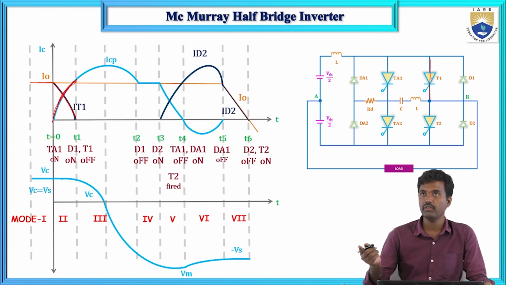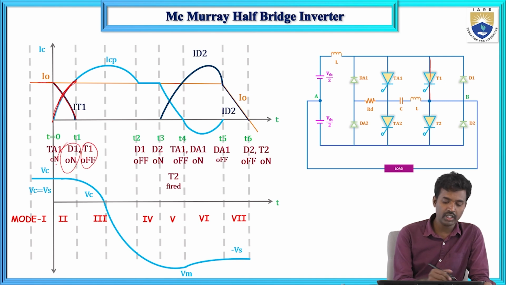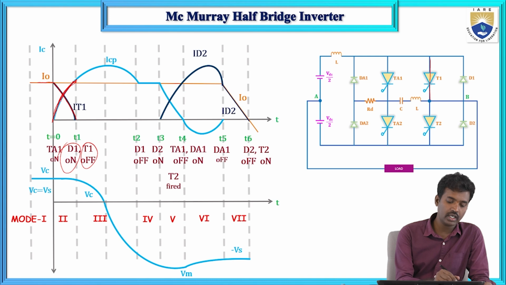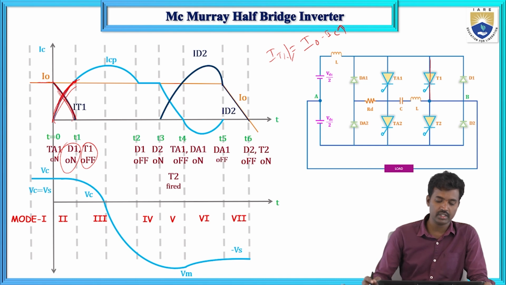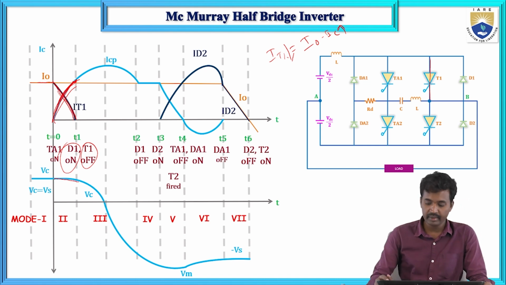One is in forward bias, the other one is in reverse. When T1 is off, automatically D1 will be on. They are connected in anti-parallel fashion. Now IC current is increasing and IT1 current is decreasing. So IT1 equals I naught minus IC. As IC current increases, this current decreases. The voltage is also discharging.